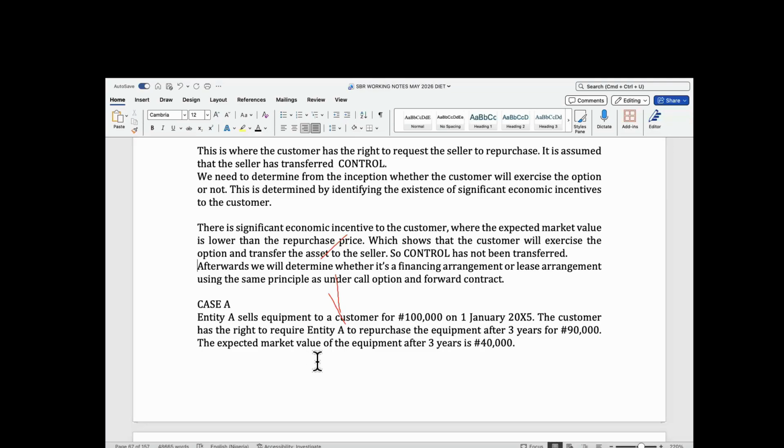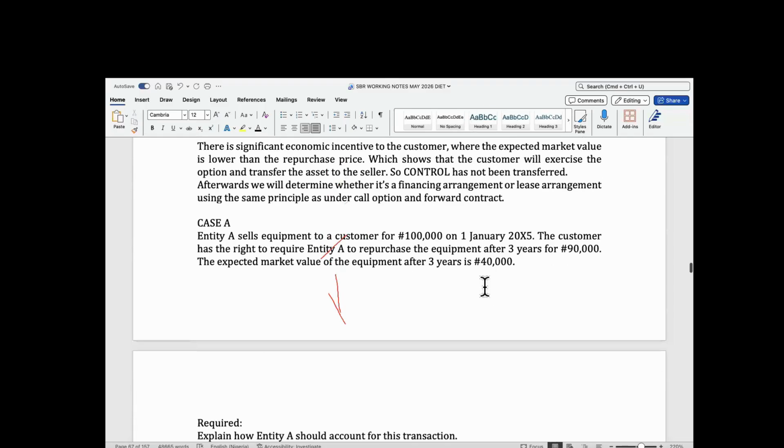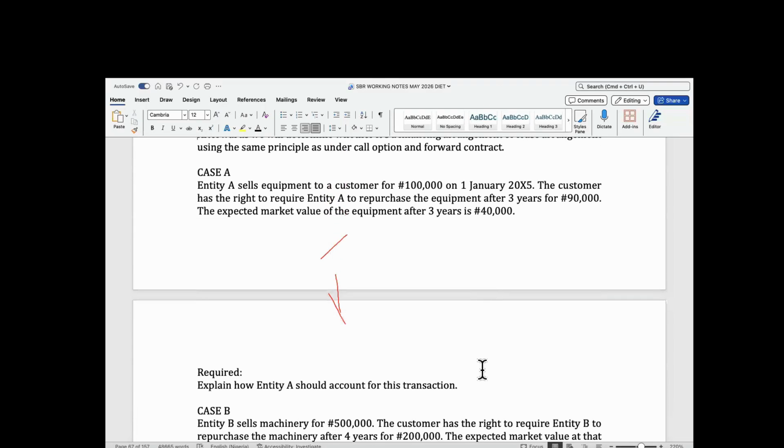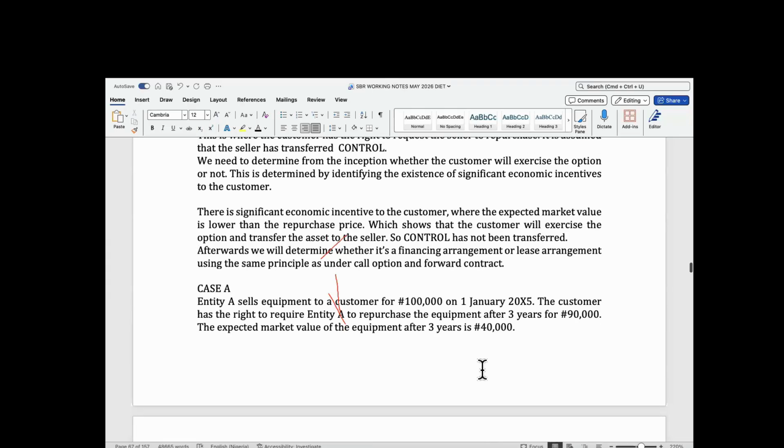The expected market value of the equipment after 3 years is 40,000. So explain how entity A should account for this. Again, the first check you do is to compare the expected market value with the repurchase price. In this case, is there a significant incentive here or not?